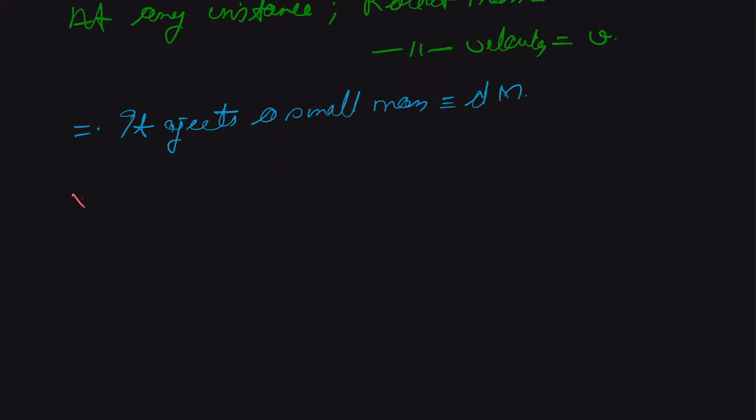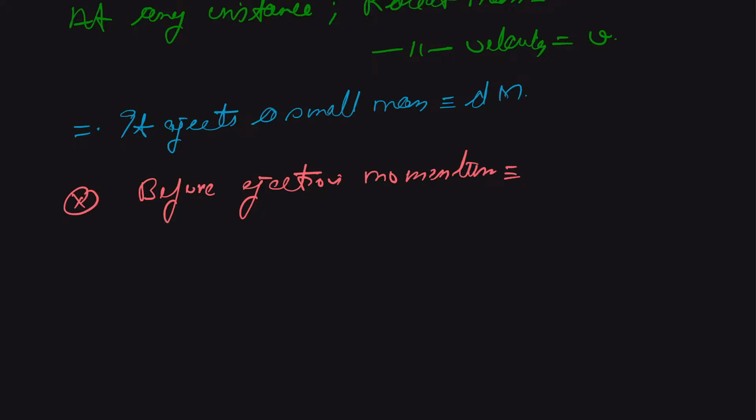So we can say that before ejection, momentum, let us call this as our Pi, initial, will be equal to mass into velocity, M v.